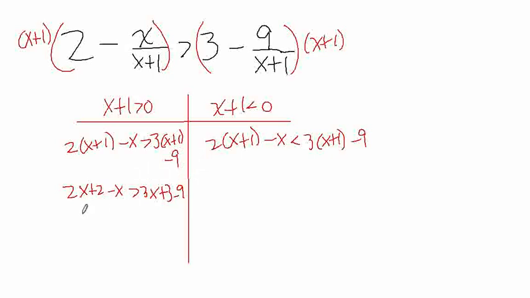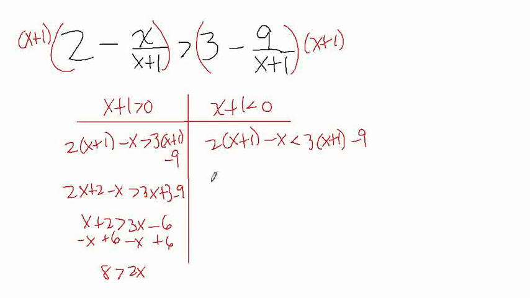So simplifying, let's see, x plus 2 is greater than 3x minus 6. Subtracting x from both sides and adding 6 to both sides, I get 8 is greater than 2x.